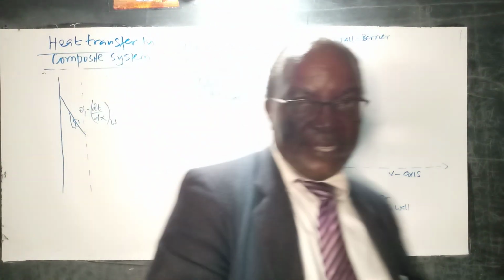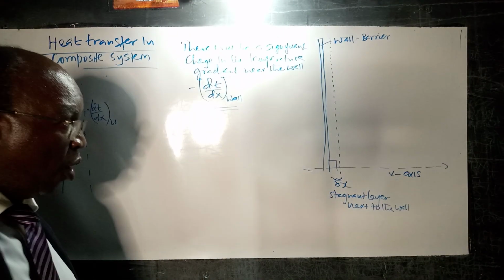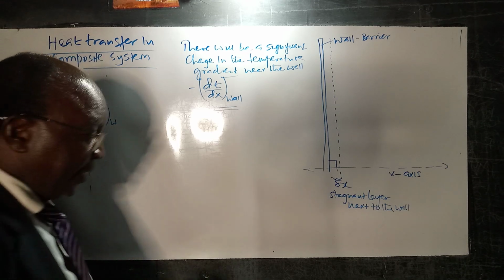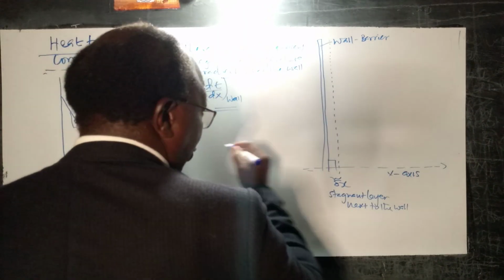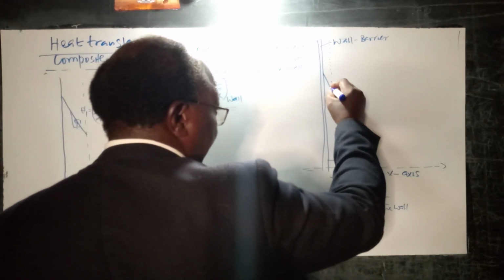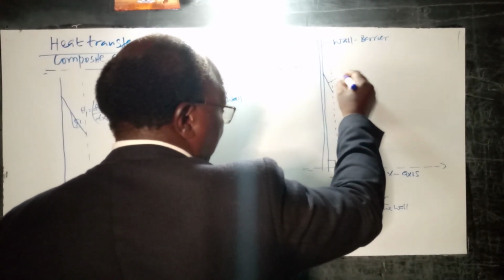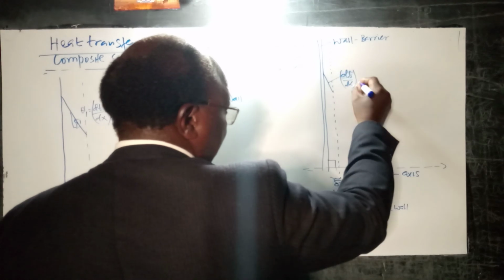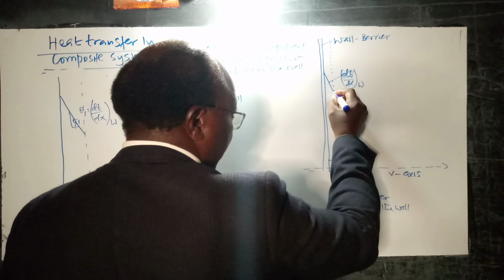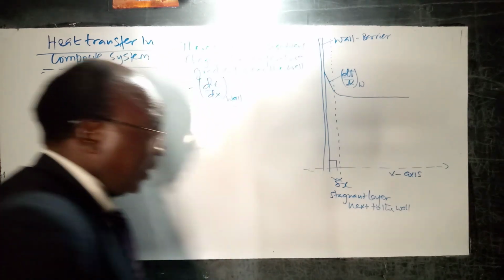And as you move further away from the wall, then convectional forces start impacting. So here we have dT over dx at the wall, W. As you move further away, then there is a gradual drop in that gradient.